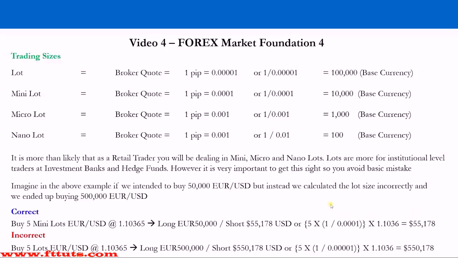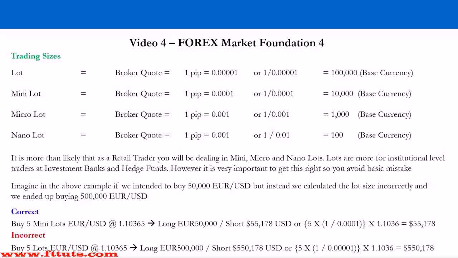So let's have a look at an example. If we use the above example of euro dollar, let's say we intended to have the equivalent exposure of 50,000 euros. So we wanted our trading size to be 50,000 euros, but instead we calculated the lot size incorrectly and we ended up buying 500,000 euros.